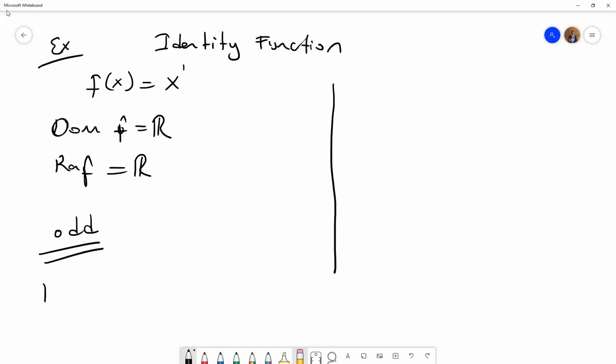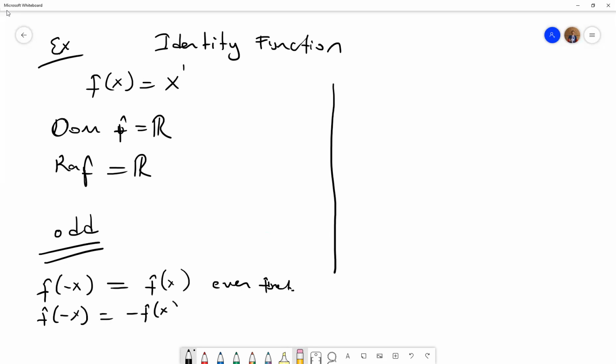So if f(x) equals f(-x), it is an even function, and if f(-x) equals -f(x), this is an odd function. Let's write this one as a note.